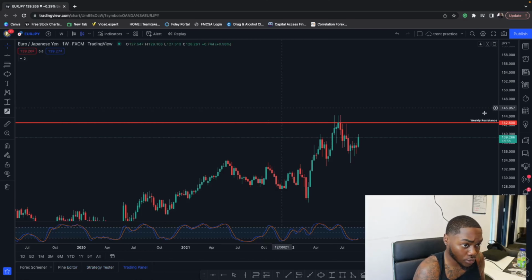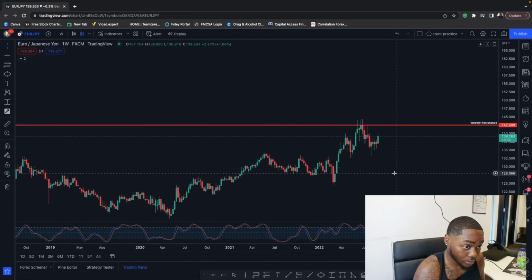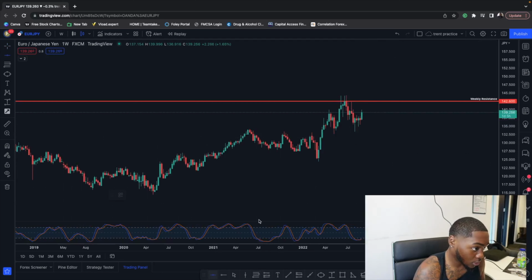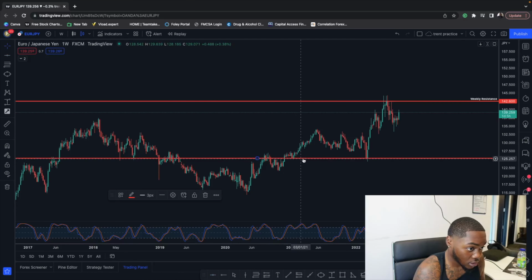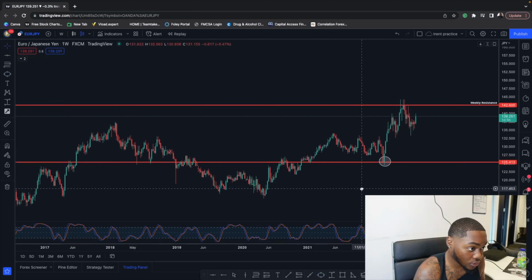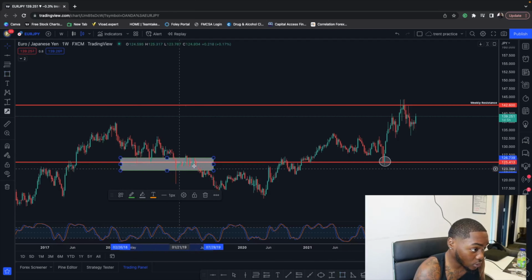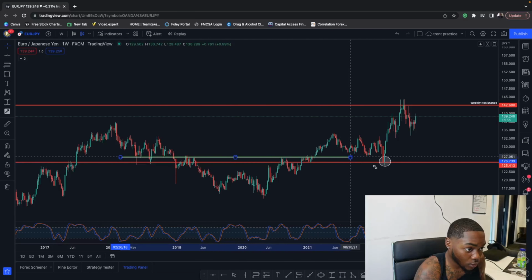And we will also do that for support. So for support, I'm going to do the same exact thing. I'm going to find the last support level, which will be here. And I'm also going to see if there's anything in the past that will confluence, will coincide with this level.